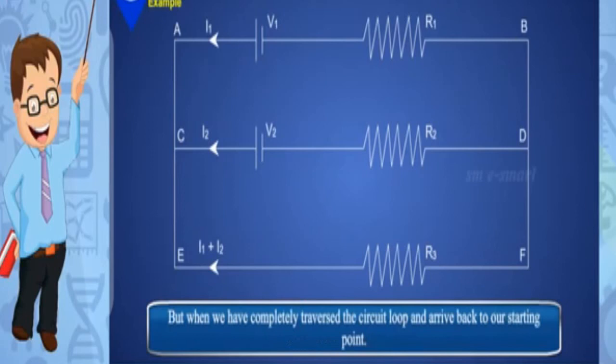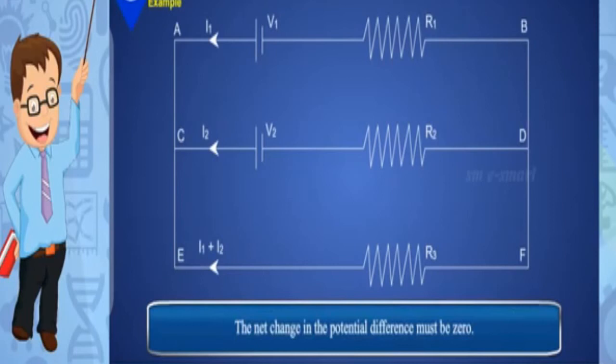But when we have completely traversed the circuit loop and arrived back at our starting point, the net change in the potential difference must be zero.